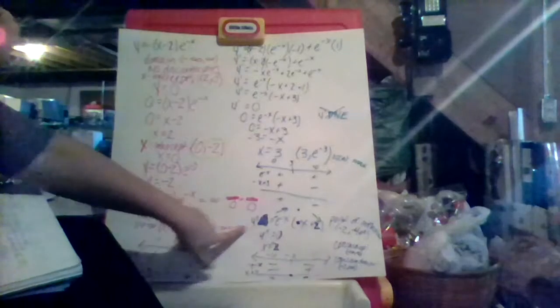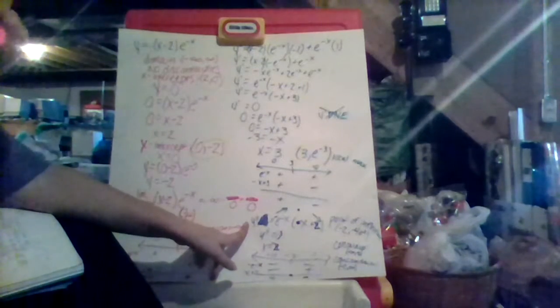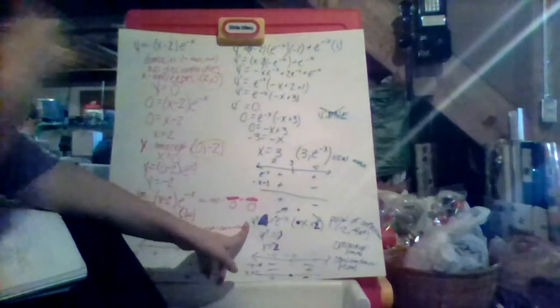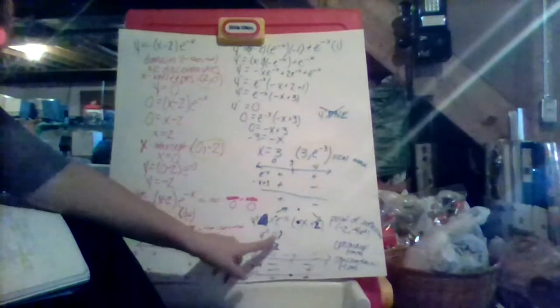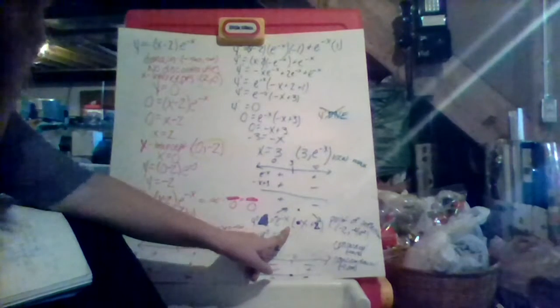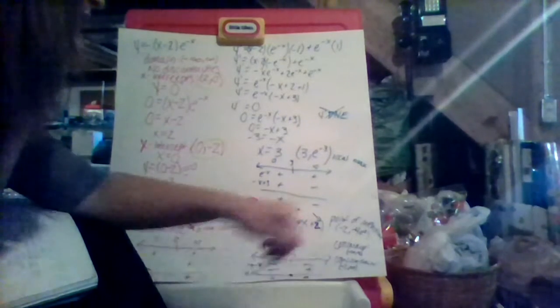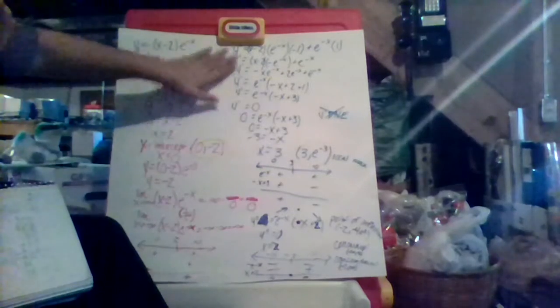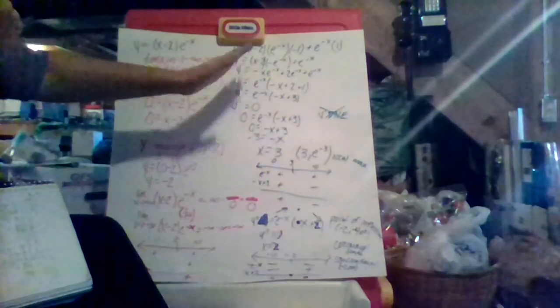If you take the second derivative here, I made it a little simpler because we're running out of room on my poster board. So we get negative e to the negative x power times x plus 2. Same process as this, basically, with a couple different numbers.